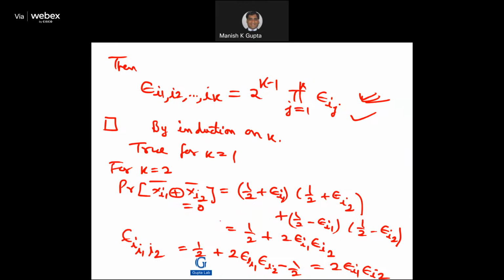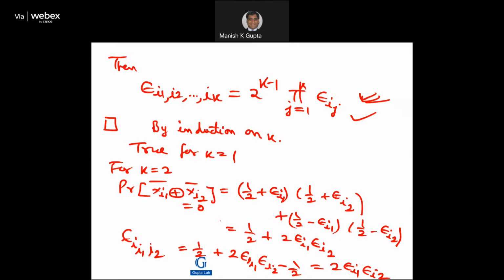So k is equal to 1. Obviously, it is true for k is equal to 1 because we just obtained that result, right? Now we compute for k is equal to 2. So for k is equal to 2, we have these two things, xi1 plus xi2. Now this is 0 when both are 0, or both are 1, right?